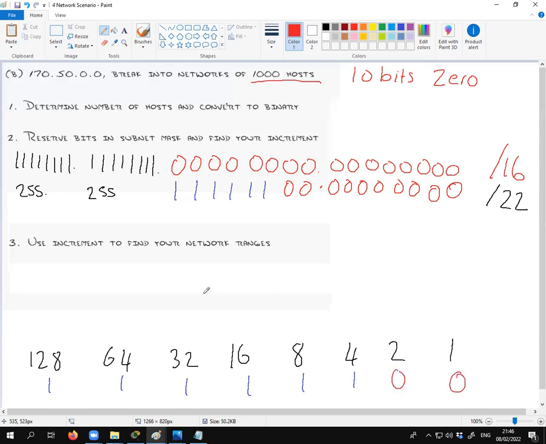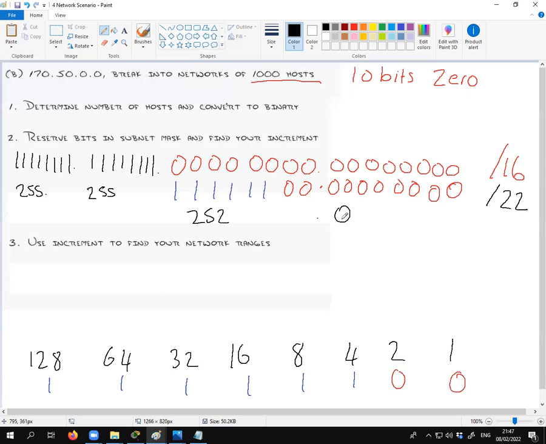So our new subnet mask is going to be 255.255. 128 and 64 is 192, and 32 is 224, and 16 is 240, and 8 is 248, and 4 is 252. 255.255.252.0.